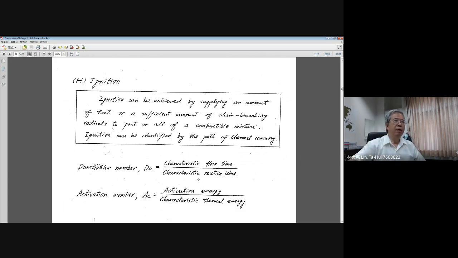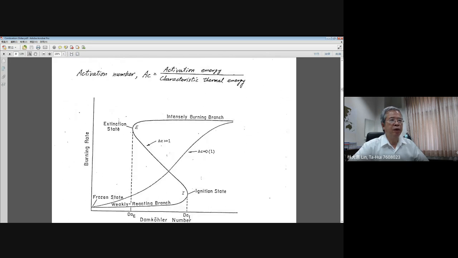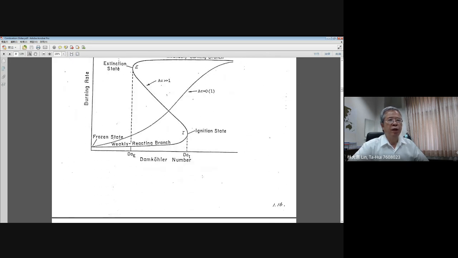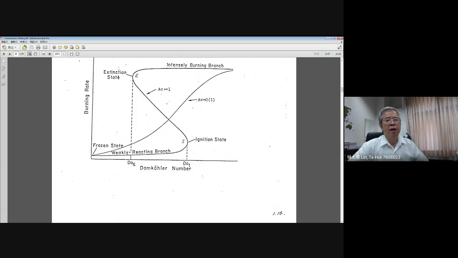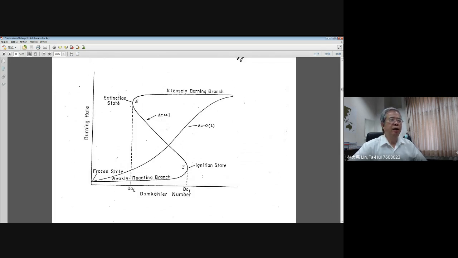The behavior of ignition and extinction can be described from the figure shown in your slides on page 1.16. Okay, let's look at these figures.